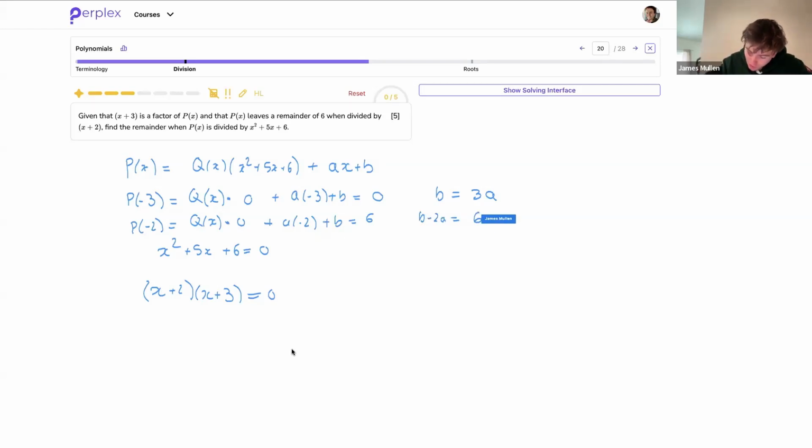But I know that b is equal to 3a, so I can say that 3a minus 2a is equal to 6, which means that a is equal to 6, and that makes b equal to 18. All right? So my remainder, oh, I shouldn't box that because that's not exactly what we're being asked. The remainder is 6x plus 18. Okay?